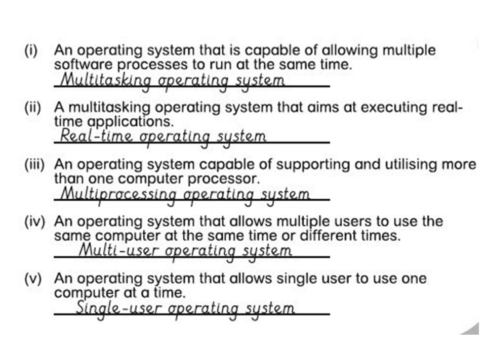An operating system that allows multiple users to use the same computer at the same time or different times is a multi-user operating system. And an operating system that allows a single user to use one computer at one time is a single user operating system. Simple.